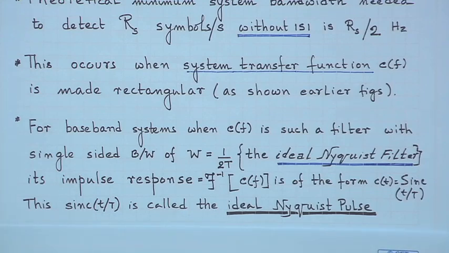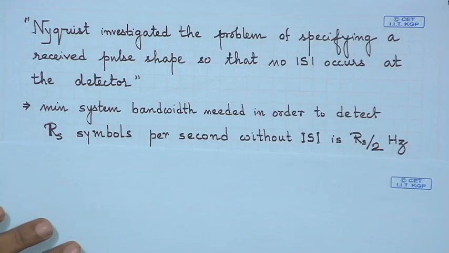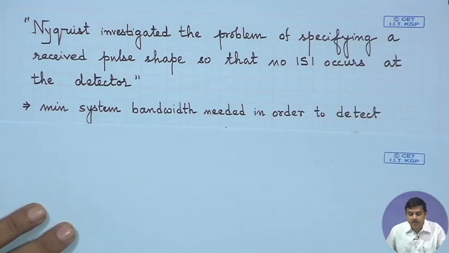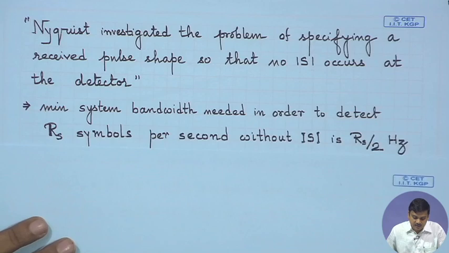So, if we are using the ideal Nyquist filter, that means we are using the ideal Nyquist pulse, then we can send at the maximum rate of signaling without intersymbol interference. We put forward the statement that Nyquist investigated the problem of specifying the received pulse shape so that no ISI occurs at the detector.